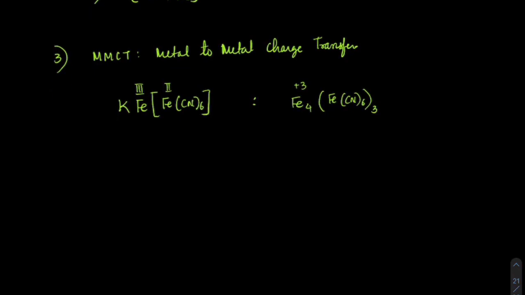So this is Prussian blue, Prussian blue color, very important for identifying +2 and +3 irons. Okay, so this is what happens when it comes to this. Now here also it is because of that Laporte's rule, we would observe that electron can transfer from iron +2 to +3 easily.